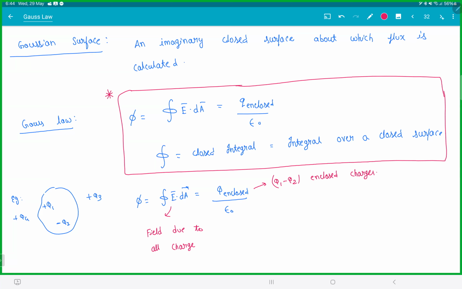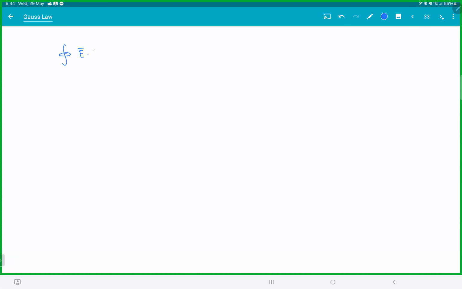Turn the page. So if I expand this integral E dot dA, this is nothing but integral E1 bar dot dA plus integral E2 bar dot dA plus integral E3 bar dot dA plus integral E4 bar dot dA.